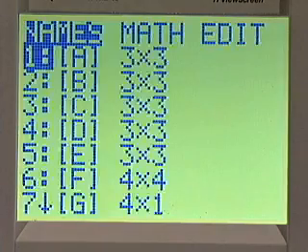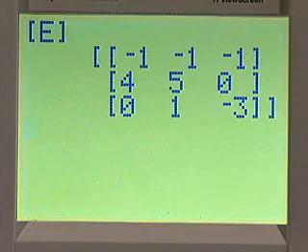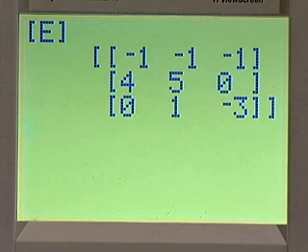I've already entered the matrix into our system. I've put it in as matrix E. I'll take a look at it just to make sure. There it is. It's -1, -1, -1, 4, 5, 0, 0, 1, -3.